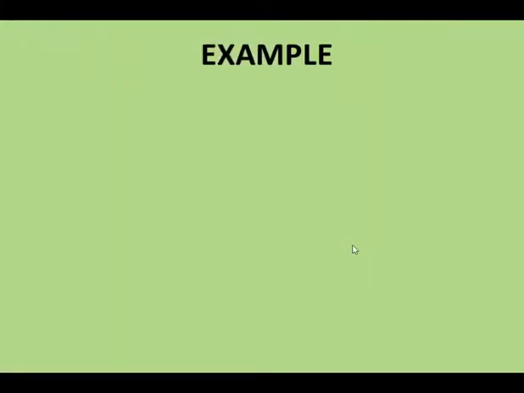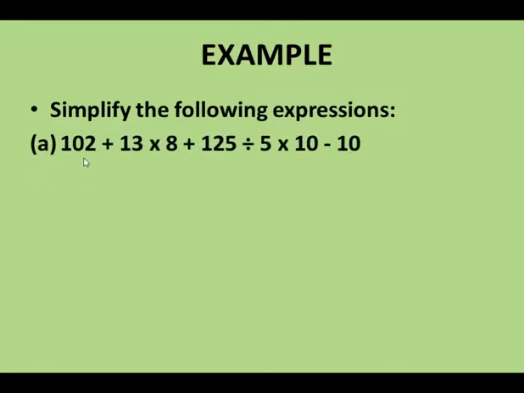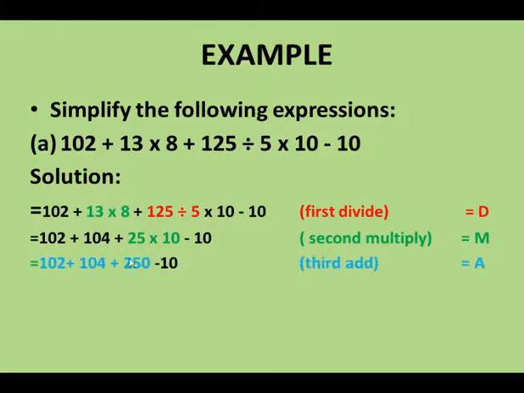Then we have some more examples to simplify expressions. So here we have been given an expression, and how do we simplify it? So first we divide, D for divide. So 125 divided by 5, we have got 25. Then second, multiply. After division we multiply. So 25 into 10 and we have got 250.